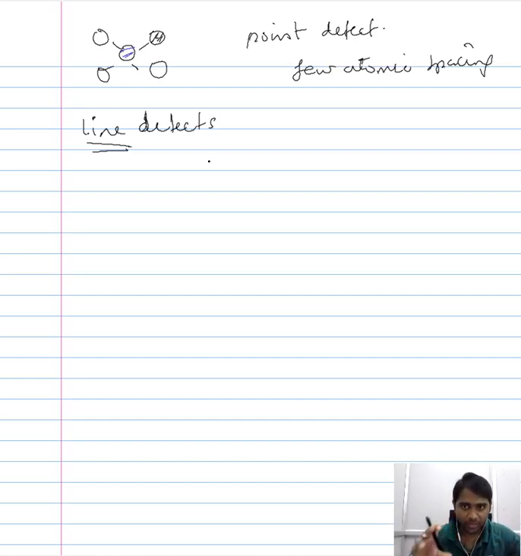Only when you have atoms occupying specific positions will you be able to notice the lack of an atom in a given lattice site or the presence of an atom in a non-lattice site position. So these are possible only when you have a fairly elaborate idea of the positions of the atoms or the lattice sites wherein the atoms should be present.